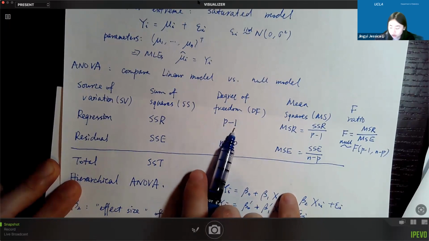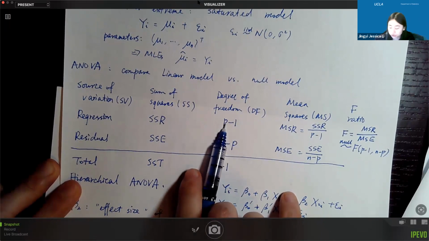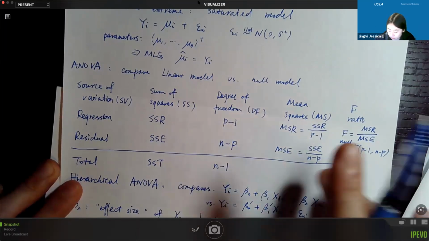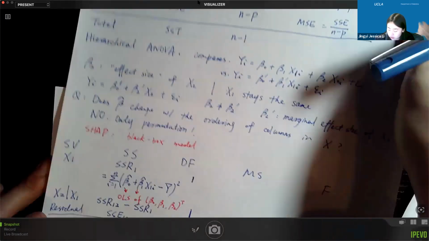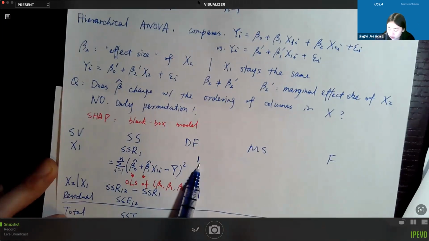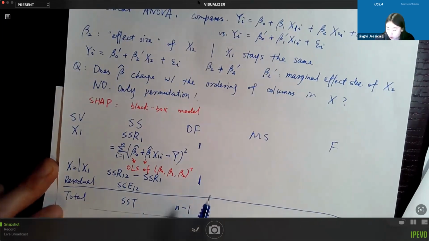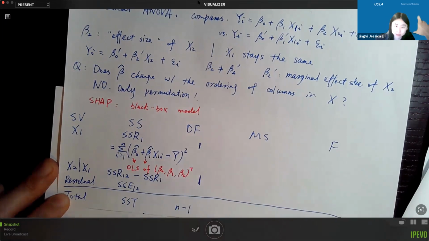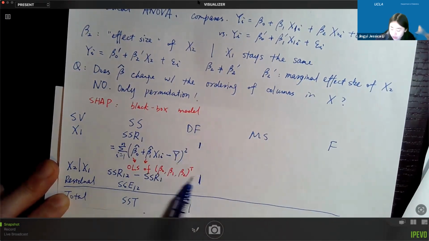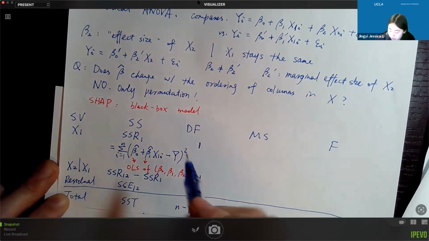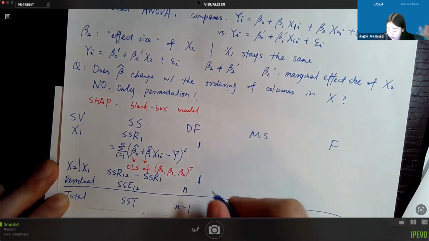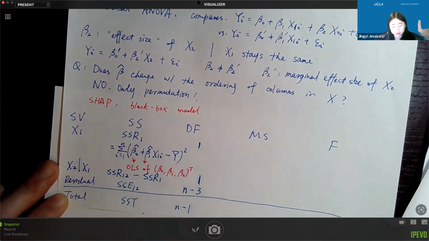So in addition to the null intercept model, I introduced p minus 1 additional predictors. Here, I first introduce 1 predictor, that's 1 degree of freedom. Then I introduce another predictor, that's 1 degree of freedom. So now with 2 predictors and an intercept in my model, the model has 3 parameters: intercept, coefficient 1, coefficient 2. And then the residual's degree of freedom is n minus the model complexity. So that's n minus 3.